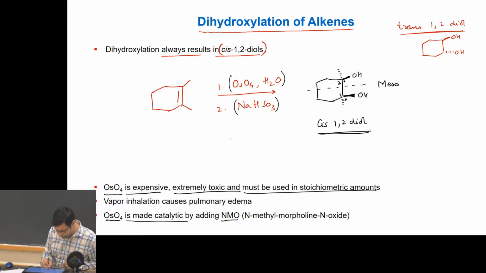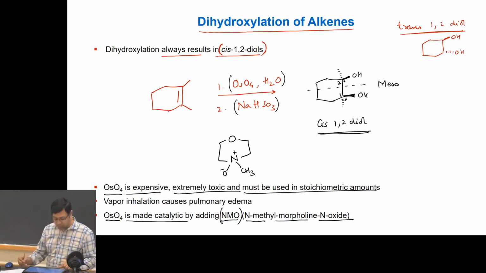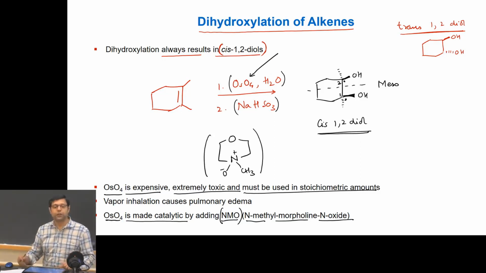NMO is this molecule. N-methyl morpholine N-oxide, abbreviated as NMO. So in the presence of this molecule, you can use catalytic amount of osmium tetroxide. The reason being, NMO regenerates osmium tetroxide at the end of each reaction.